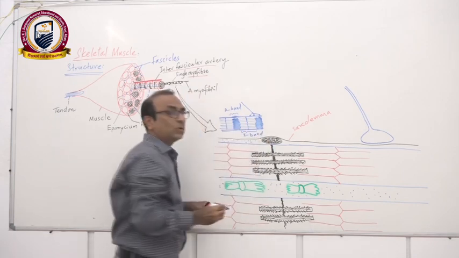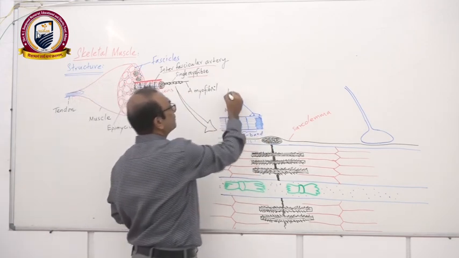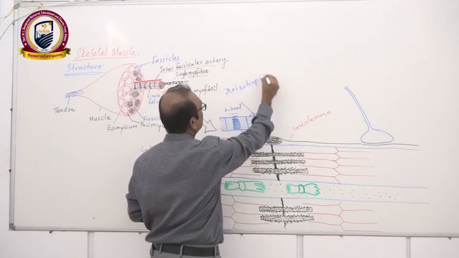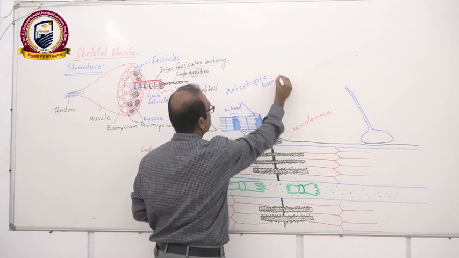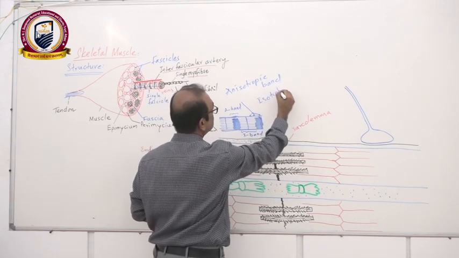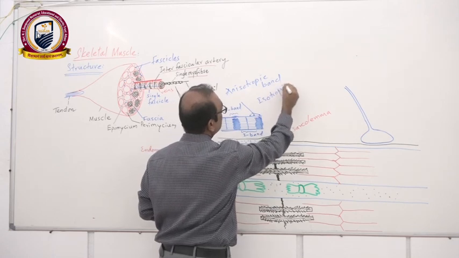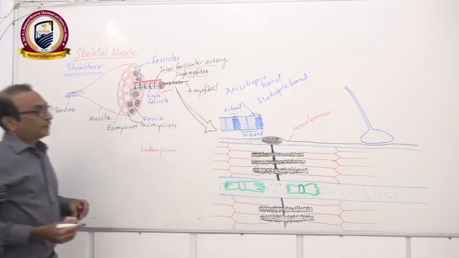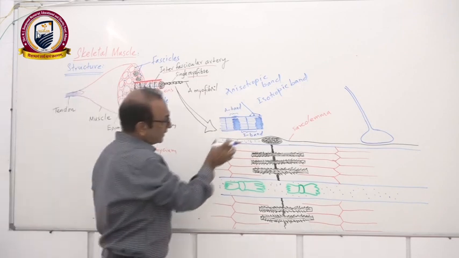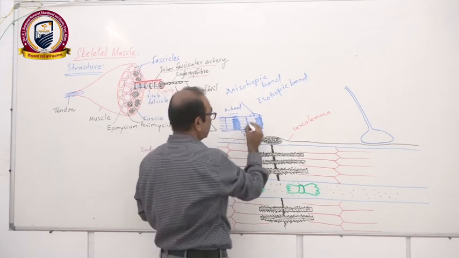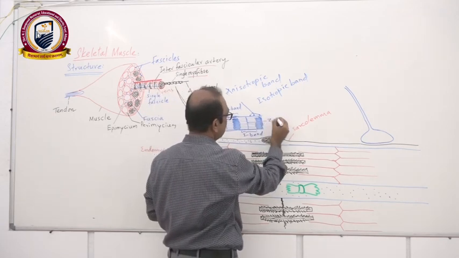Here A refers to anisotropic band, and I refers to isotropic band. Now in the center of the I band you find one line, a zigzag line, that is called a Z line.